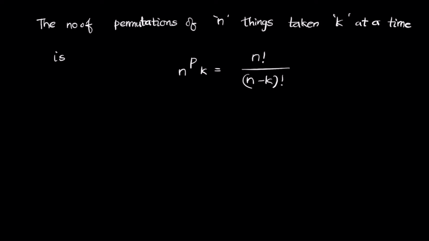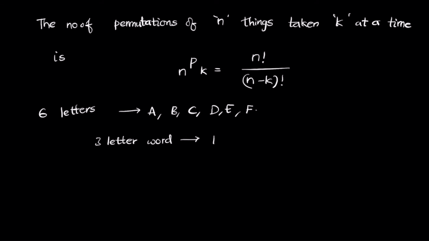For example, let's say I have 6 letters: A, B, C, D, E and F. I want to make a 3-letter word.